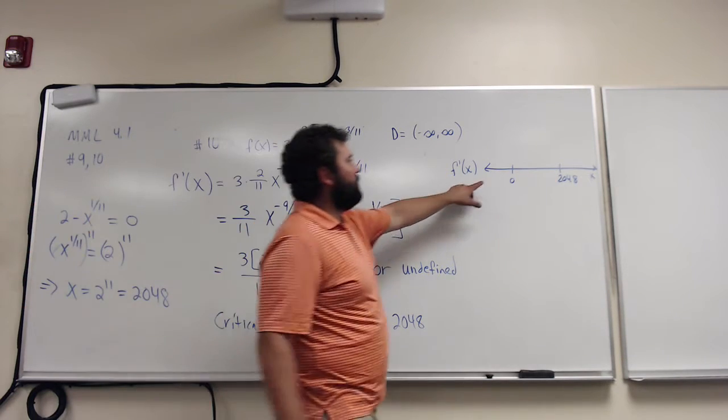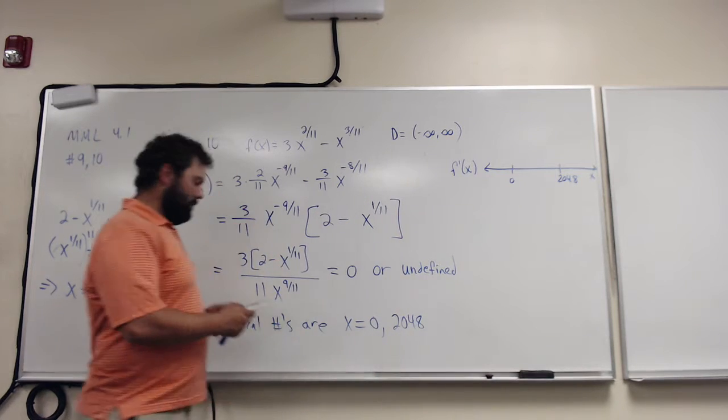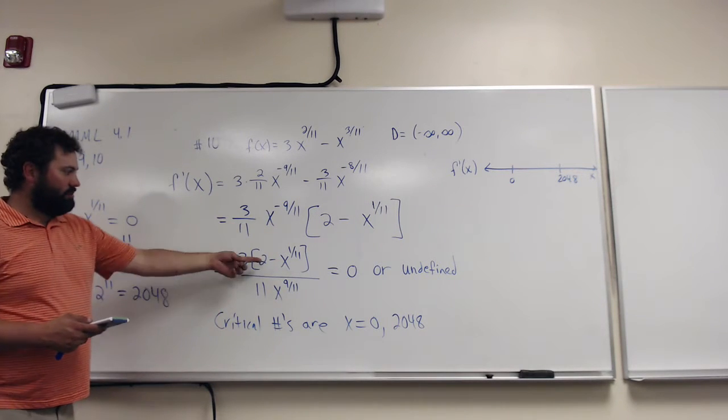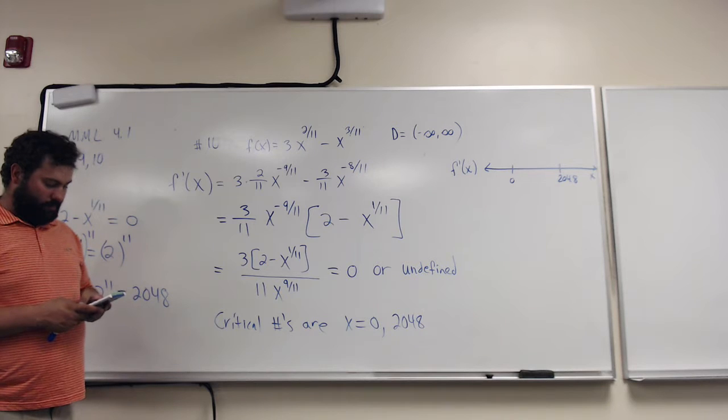So to the left of 0, you can plug, say, any negative number into the derivative. So I'll do fraction button, and I'll just plug -1 into this. So 3 times 2 minus -1 to the 1 over 11 power.